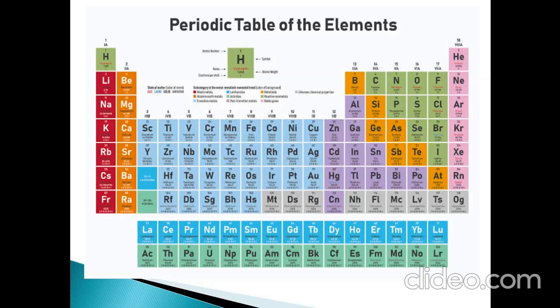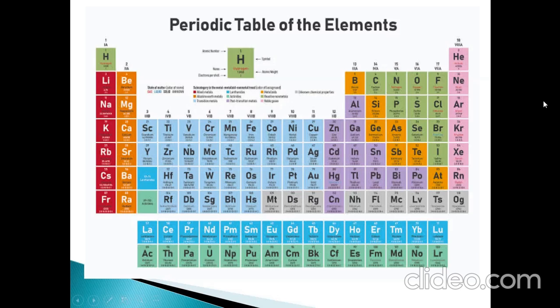Now the number of valence electrons increases by 1. Here you can see, in the case of sodium it's 2, 8, 1, magnesium 2, 8, 2, aluminium 2, 8, 3 and so on. So the number of valence electrons increases by 1. Valence electrons are the electrons present in the outermost shell.